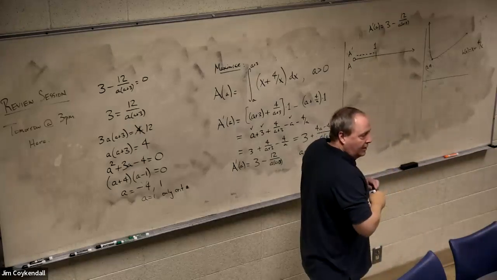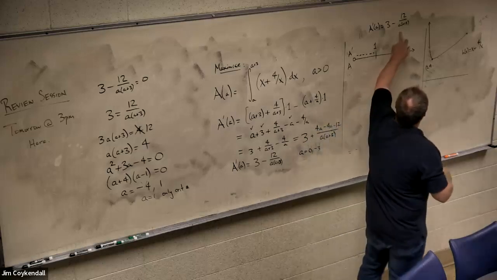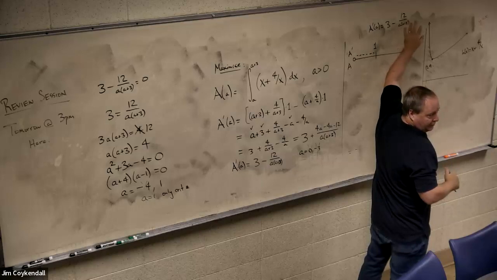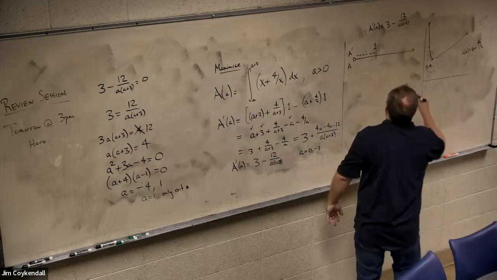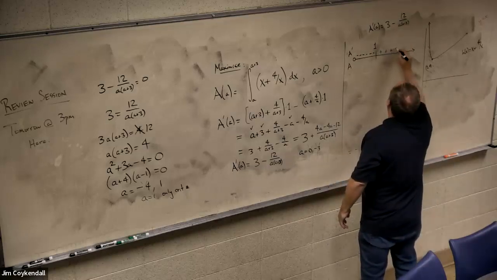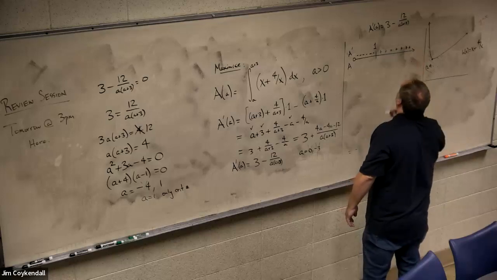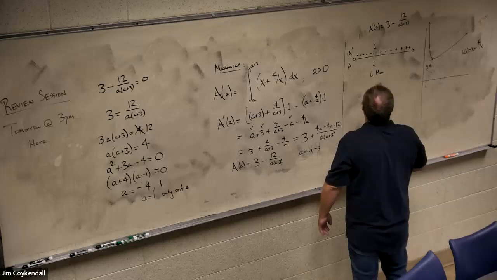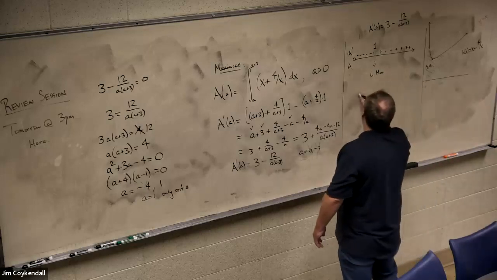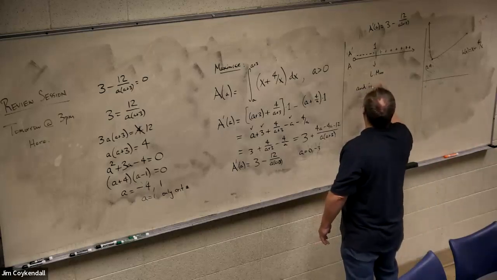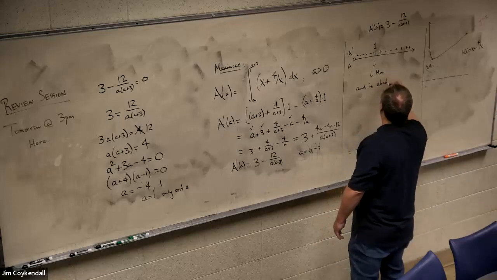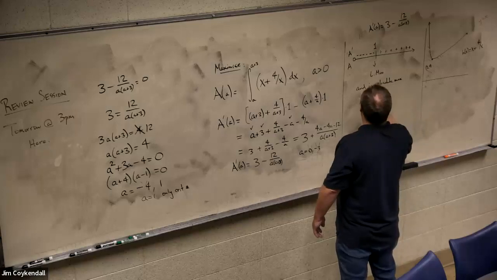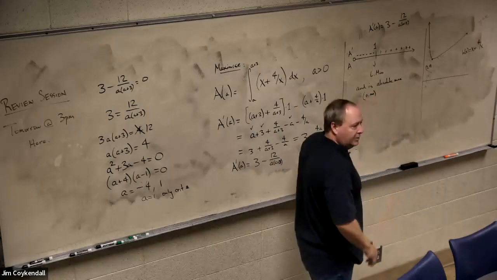Then if A is humongous, now what happens to the derivative? 3 minus 12 divided by a zillion, still about 3. Positive. So this is a local min and is an absolute min when you only consider 0 to infinity.